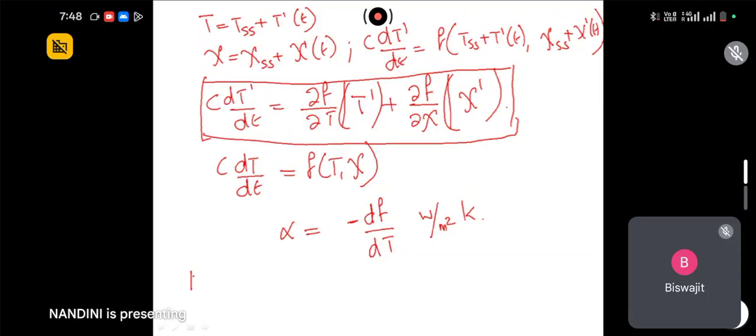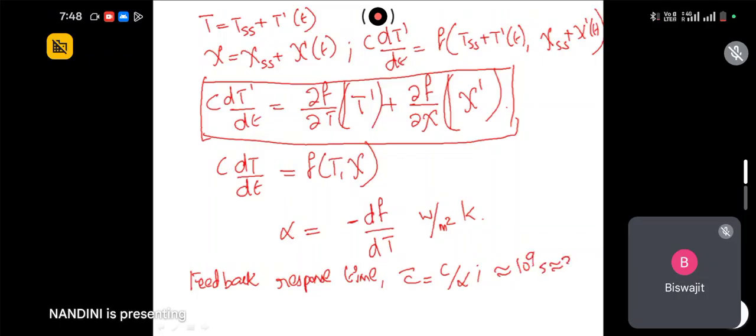Once we make some perturbation to the climate system, the feedback response time is given by tau is equal to C by alpha, which is approximately 10 raised to 9 seconds, or approximately 30 years.